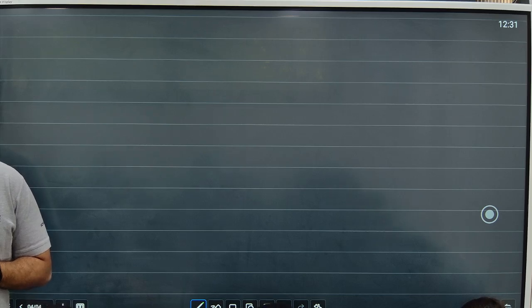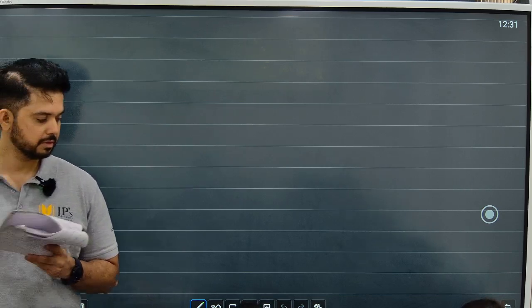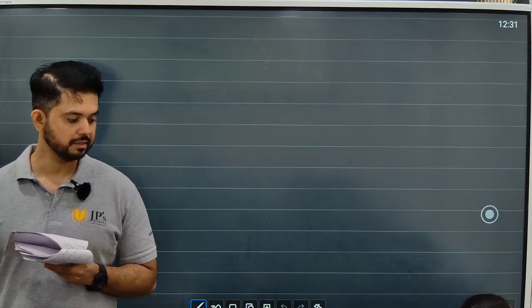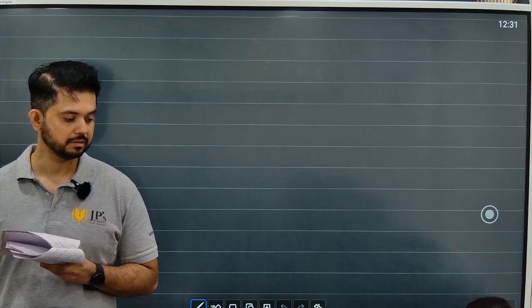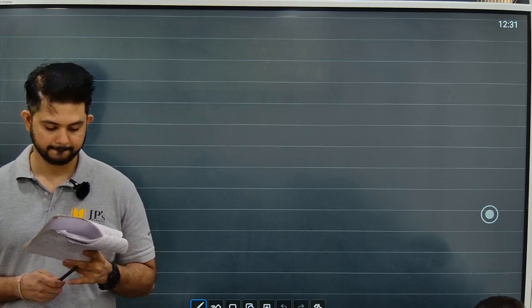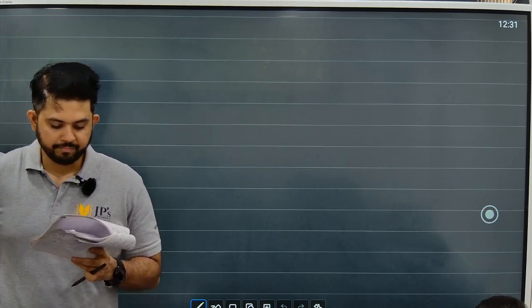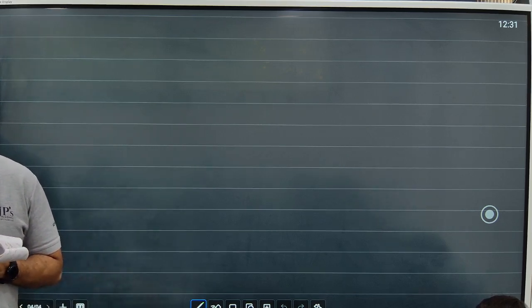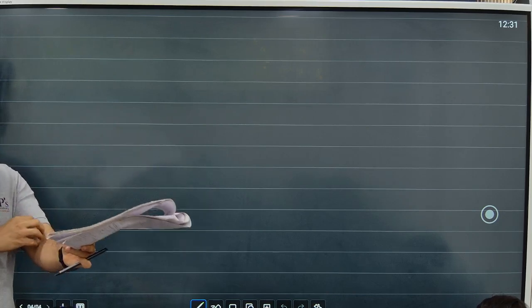And central metal atom is treated as point positive charge.